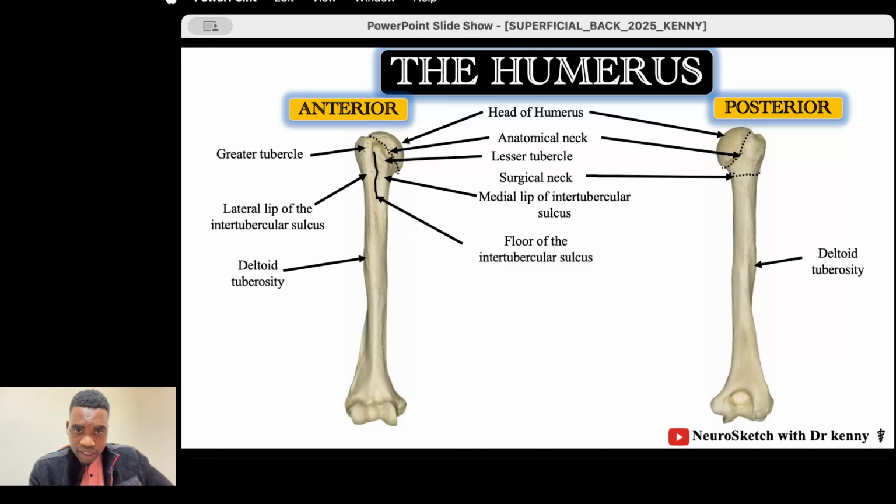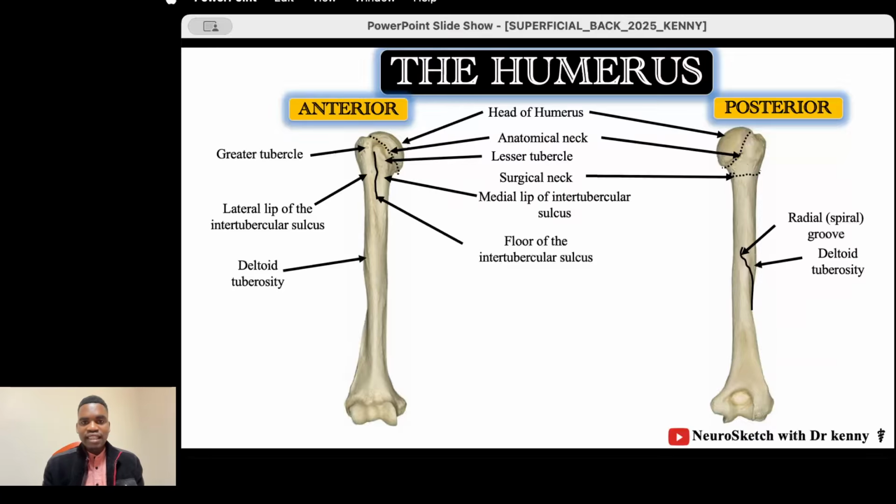Just below the deltoid tuberosity, there is an S-shaped shallow groove, or sulcus, which is called the spiral groove because of being S-shaped. But because here is where the radial nerve passes, it is also known as the radial groove.